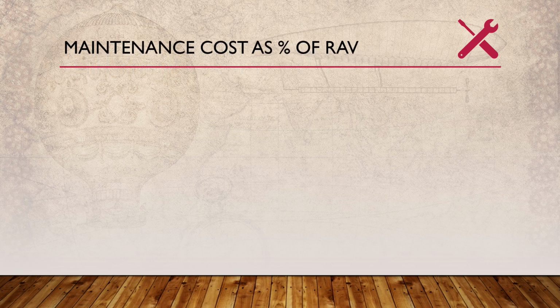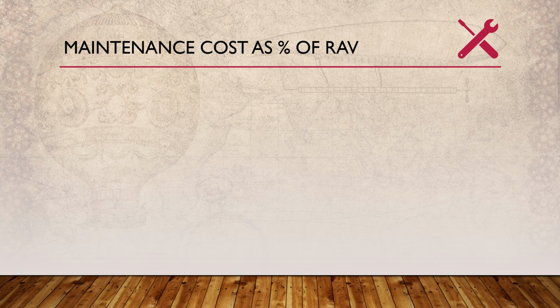And the final KPI is maintenance cost as a percentage of replacement asset value. As I said earlier, let's say if your repair cost is higher than the replacement of the asset or the asset value, then obviously you are going to skip the maintenance and purchase new equipment.